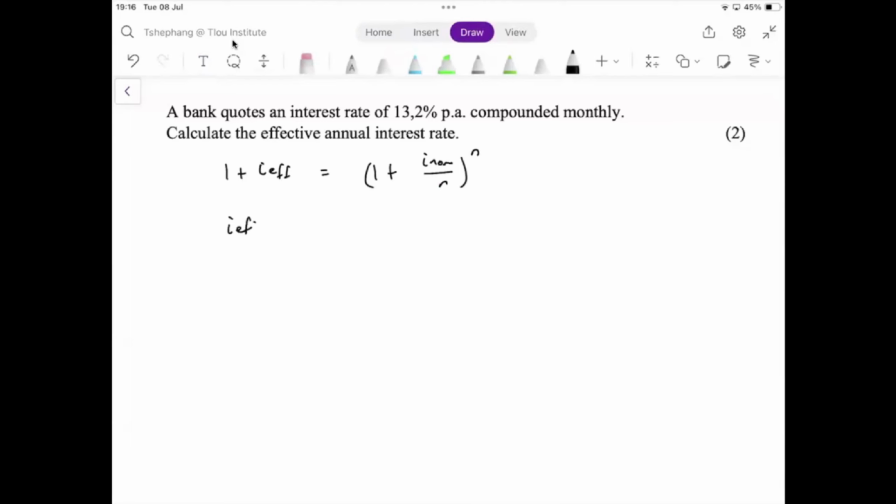So I effective is equal to 1 plus the nominal, which is 13.2% over 12, because it's compounded monthly, for how long? For a year. And then we're going to say minus 1 because we took it from the left-hand side. Calculator work from there. Plug this into the calculator exactly like it is.